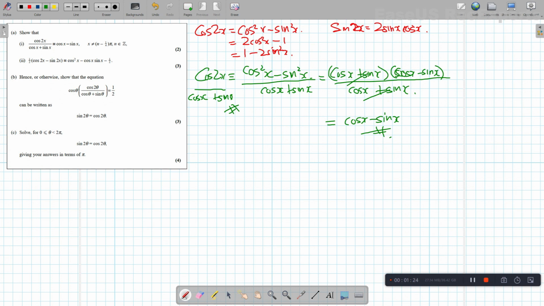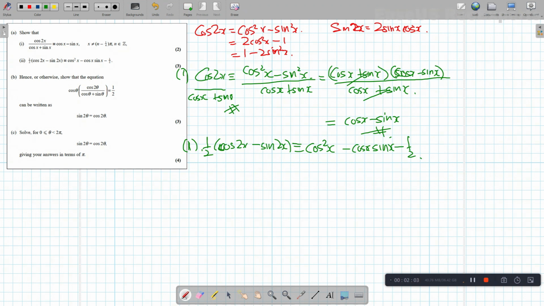Now for part 2, this is part 1. So for part 2, half cos 2x - sin 2x is the same as cos²x - cos x sin x - half. Sometimes you've got to try a few times before you get it, but since I've already done it a while ago, I know which identity I have to use.